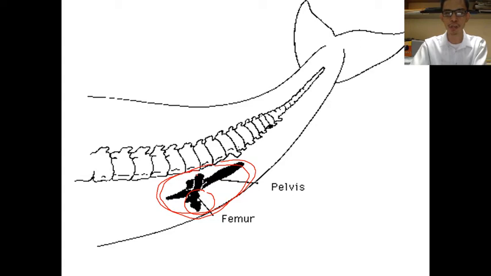Because these particular bones lost all their function, they are no longer completely developed in whales. They still have the pelvis and femur bones, but they don't use them for anything else. It's not for swimming, nor for whatever purpose.